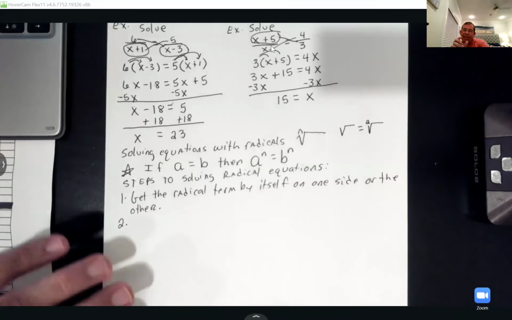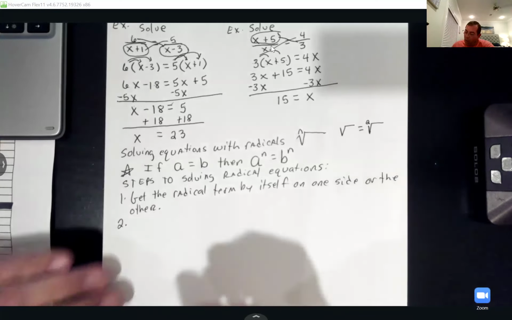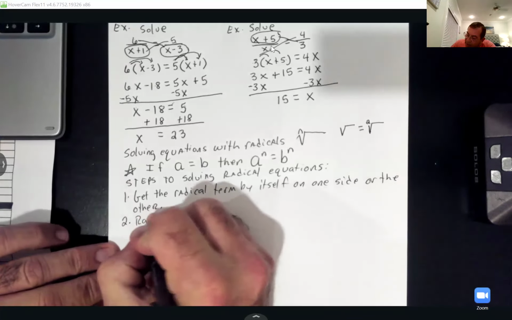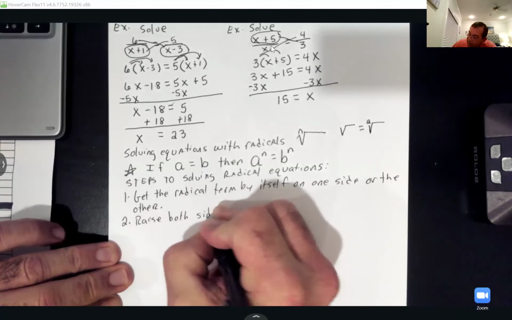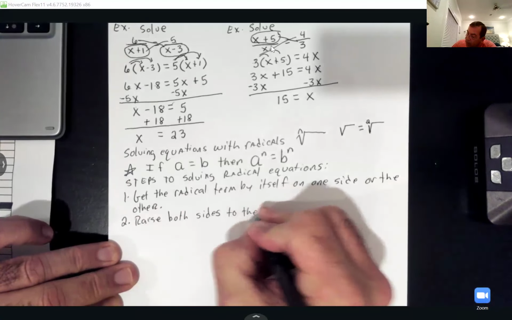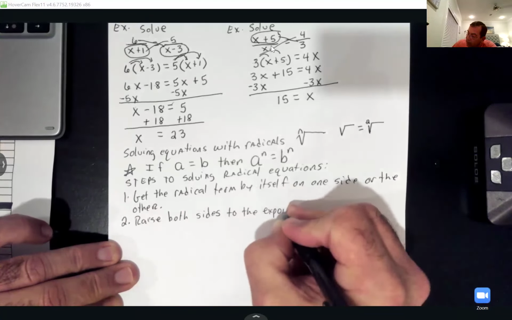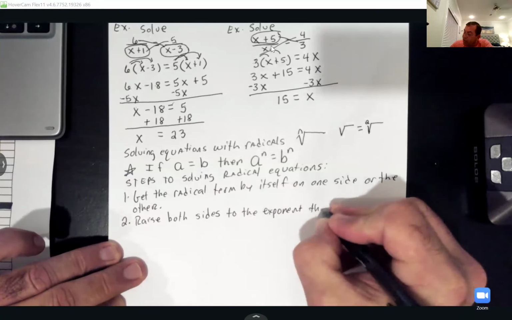Because now that I have this radical on one side or the other, to get rid of the radical, we're going to raise both sides to the exponent that matches the radical.